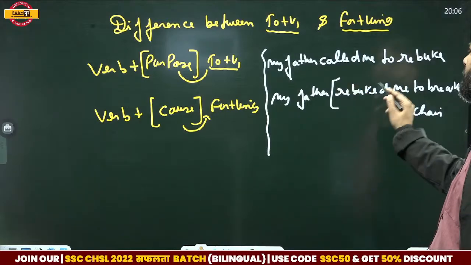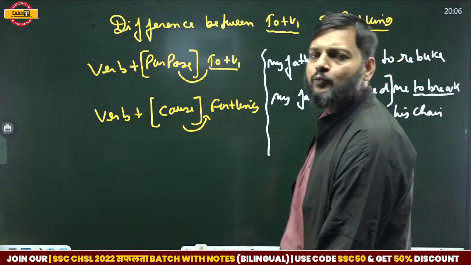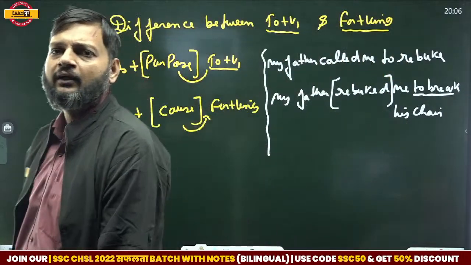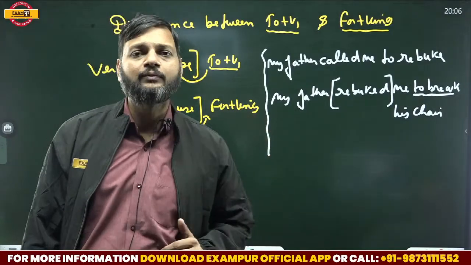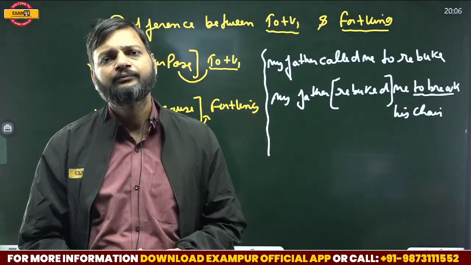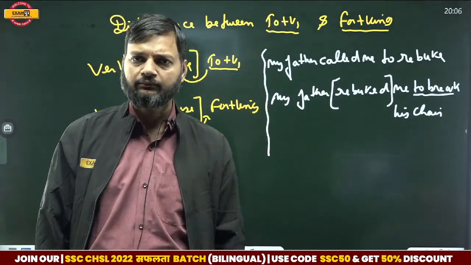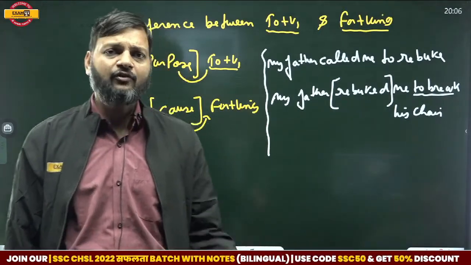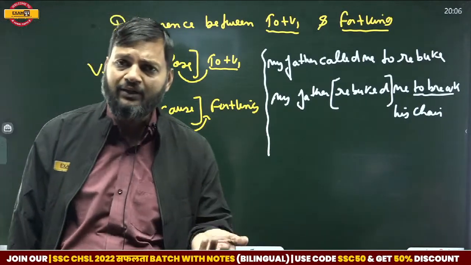Now in this sentence, the word rebuked is followed by to plus V1. It means to break is the purpose. Now the meaning of the sentence becomes, my father rebuked me. And why did he rebuke? So that I may break his chair. This is not correct. Because if my father is rebuking me, there should be a reason.